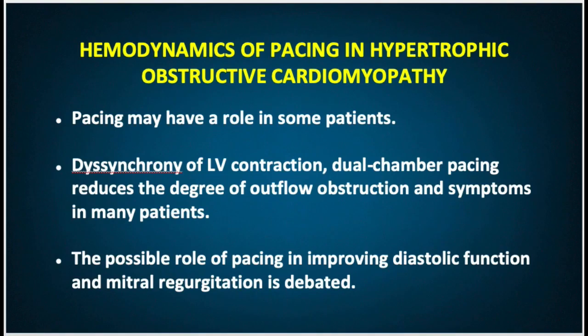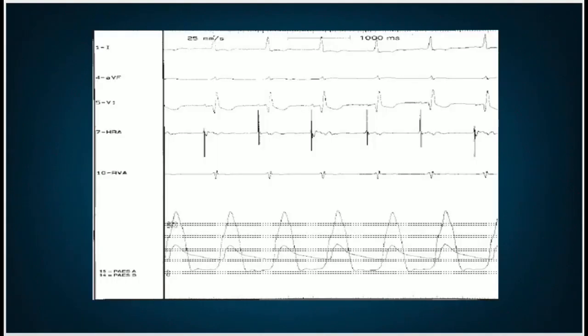A full understanding of the mechanism responsible for improvements is lacking, and the possible role of pacing in improving diastolic function and mitral regurgitation is still debated. The tracing shows the impact of AV sequential pacing on left ventricular and femoral arterial pressure in selected patients with hypertrophic obstructive cardiomyopathy.